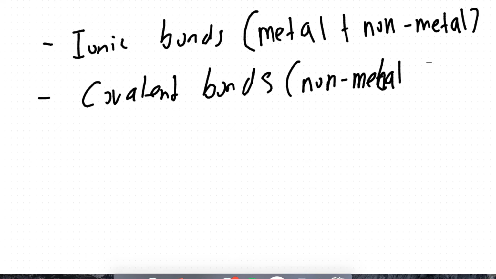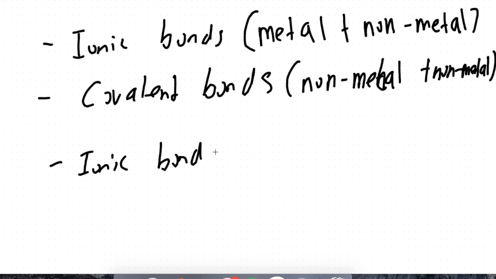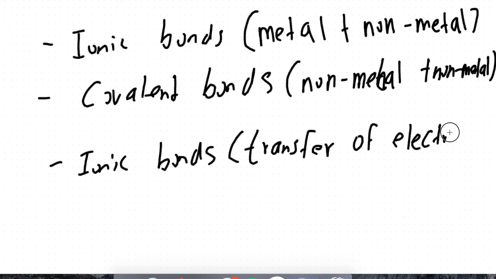It can be more, but mostly 2 non-metals. How does this take place, guys? For an ionic bond, there is a transfer of electrons. When I say transfer of electrons, I mean there could be a gain of electrons or a loss of electrons.